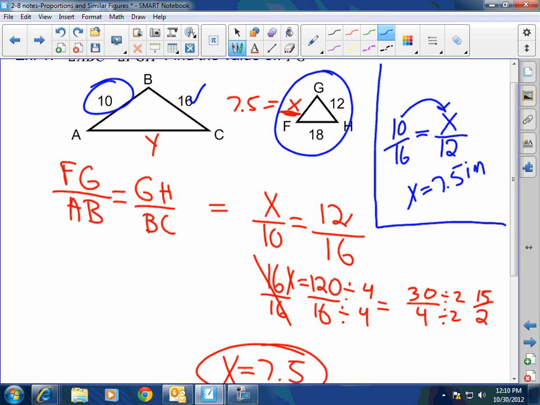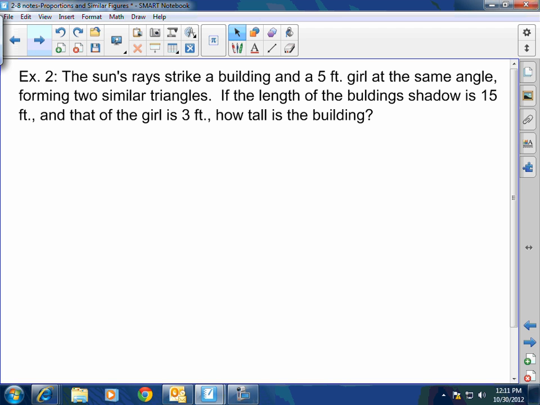Yes? Okay, now, they're not always going to give it to you in pretty little beautiful things like this. Sometimes you got to create your own. For example, the sun's rays strike a building and a 5-foot girl at the same angle, forming two similar triangles. If the length of the building shadow is 15 feet and that of the girl is 3 feet, how tall is the building?